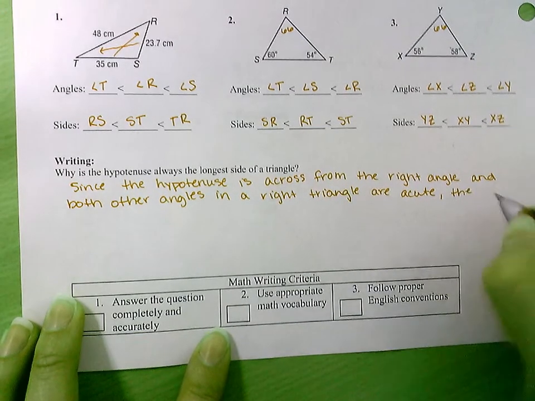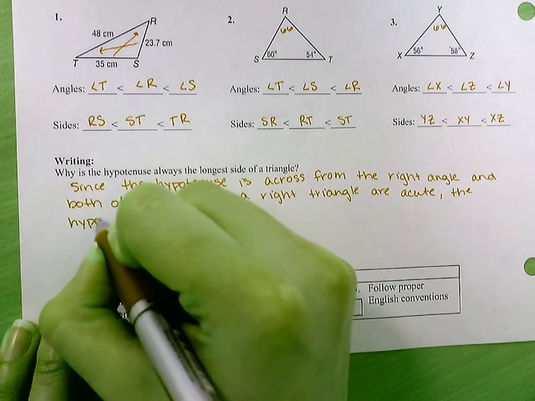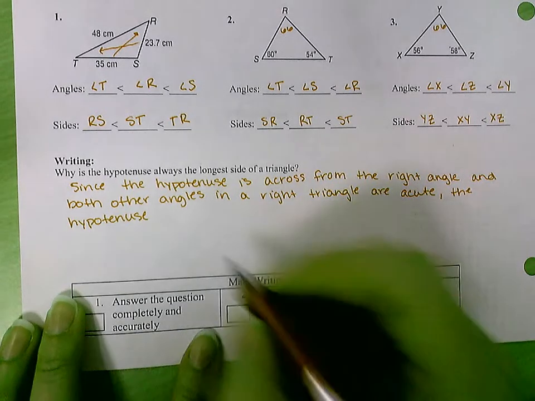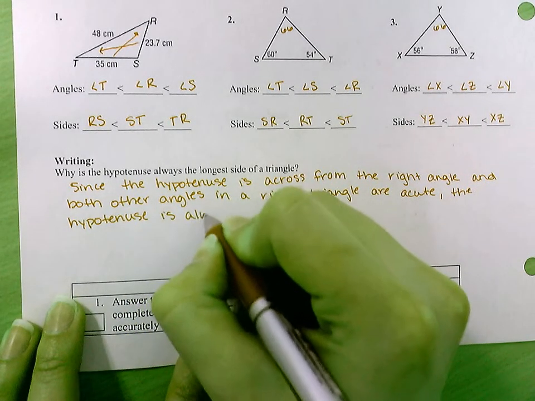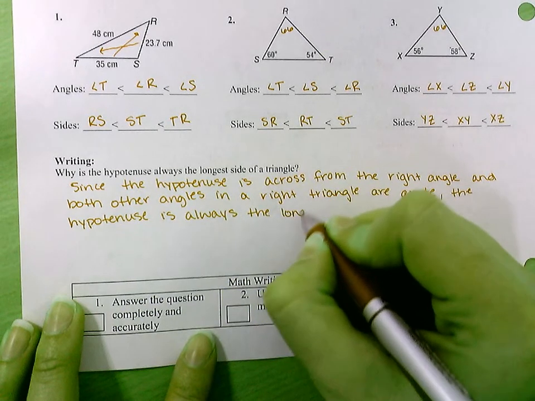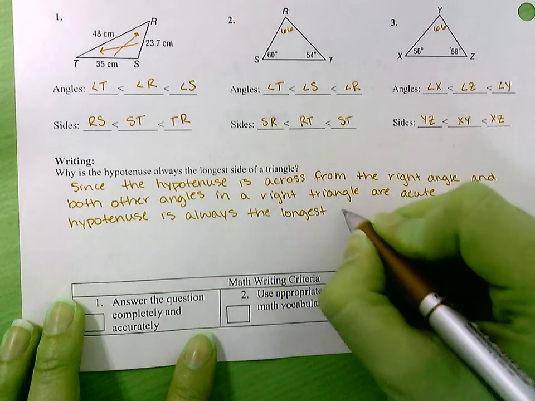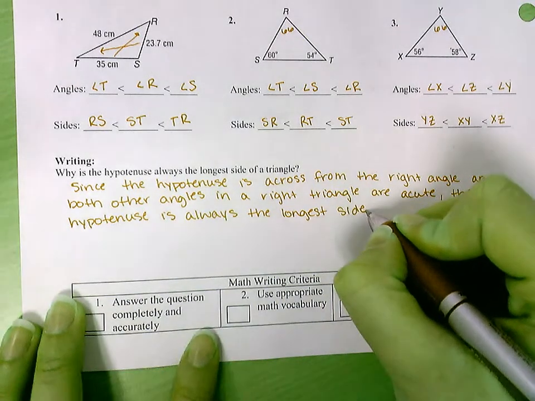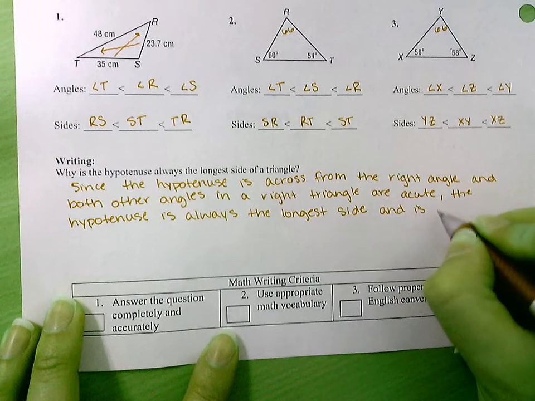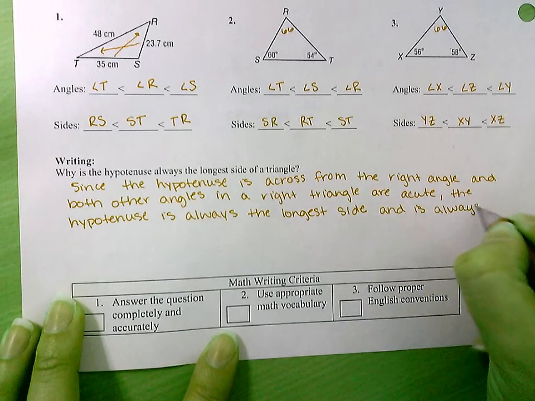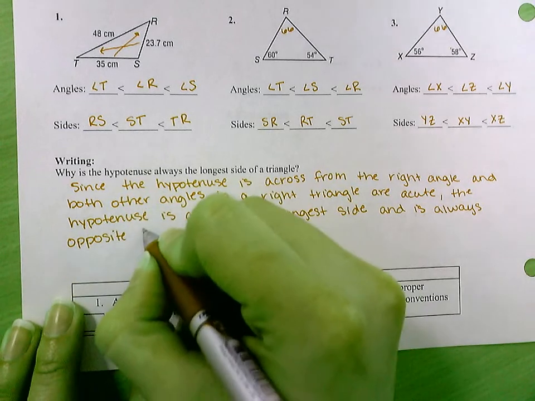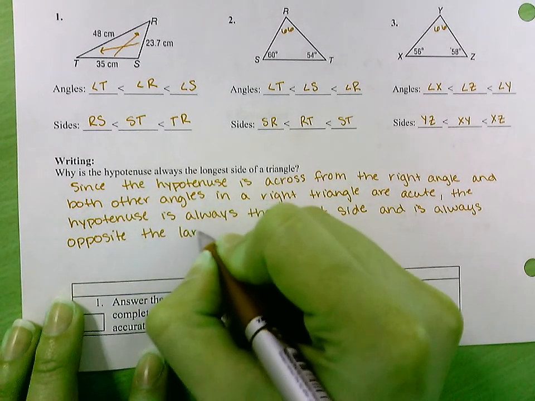The hypotenuse is always the longest side and is always opposite the largest angle.